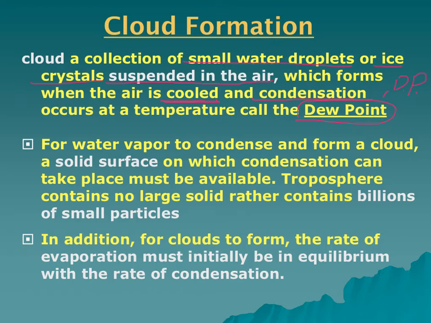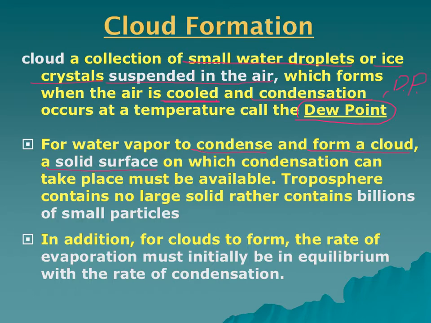Anyway, water vapor will condense all on its own. But in order for it to form a cloud, there needs to be some kind of solid surface for these water droplets or ice crystals to form around.